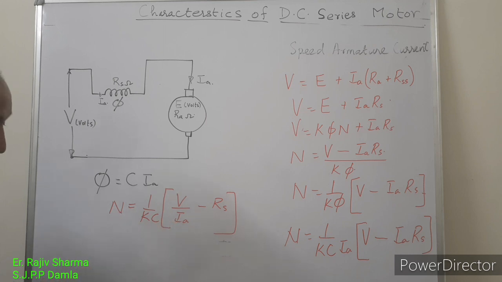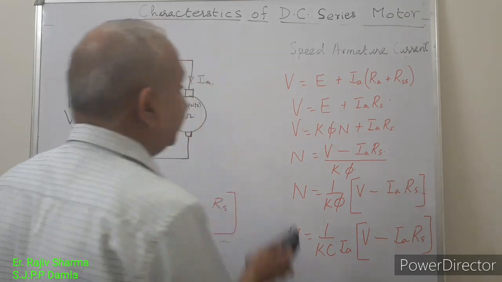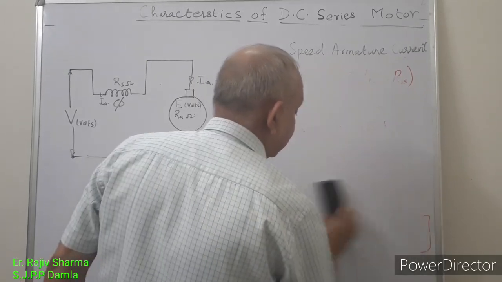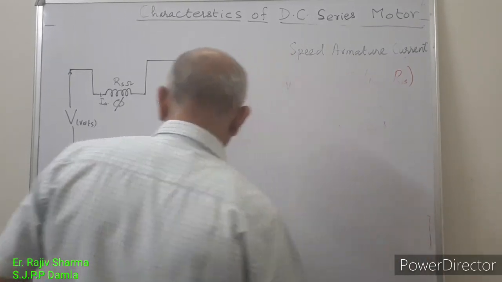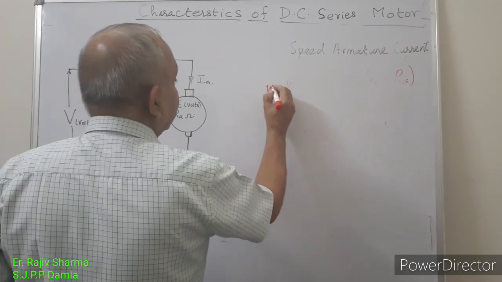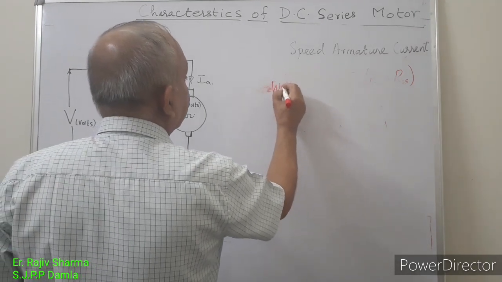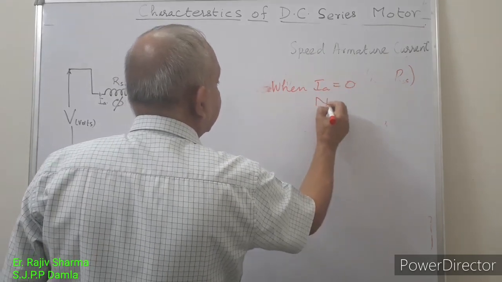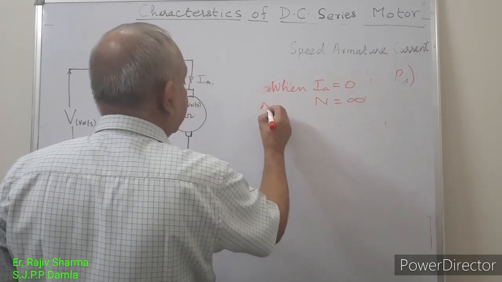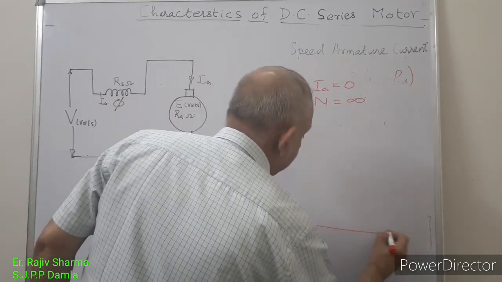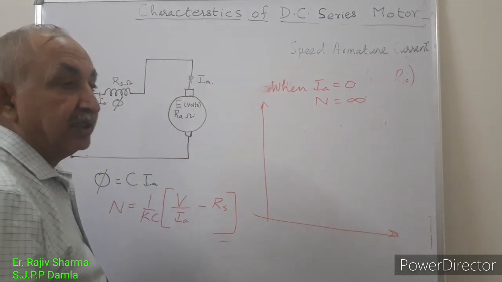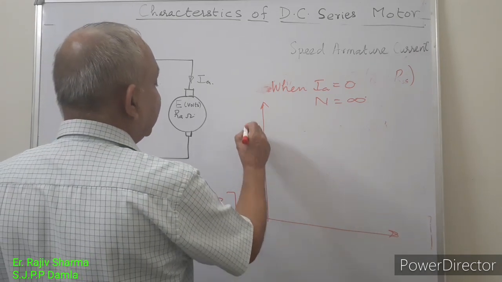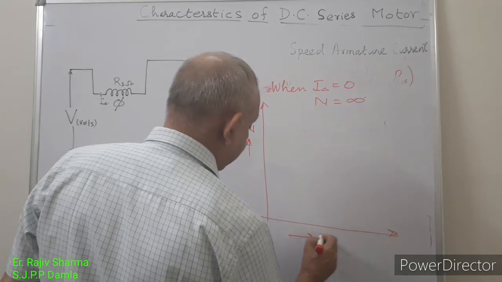Now when Ia is 0, speed is infinite. So at no load speed, the speed of DC series motor is very high.